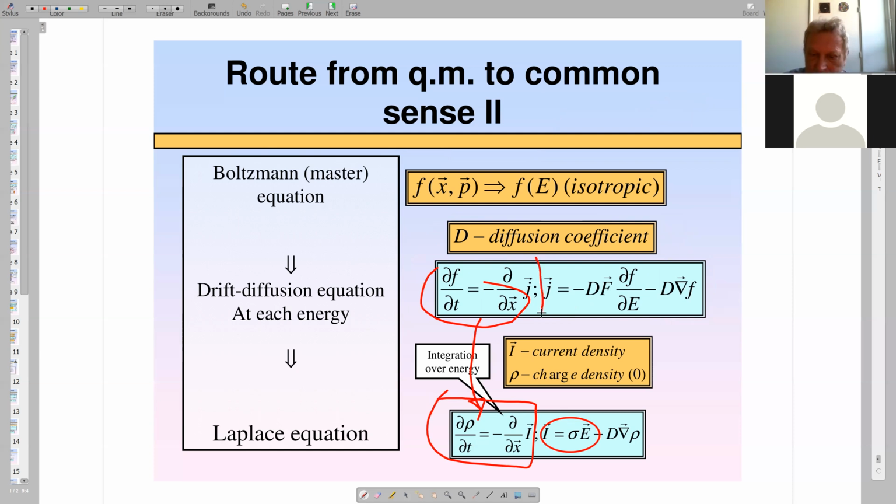Now integrate this one. I have diffusion proportional to the gradient of charge density, and I have drift term in the current proportional to electric field, because electric field is a force which acts onto the particles.